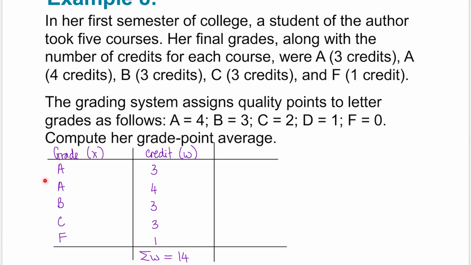Now, I need to convert these letters into countable numbers. So an A is equivalent to a 4, a B is equivalent to a 3, C is a 2, D is 1, and F is 0. So I'm going to substitute that in.